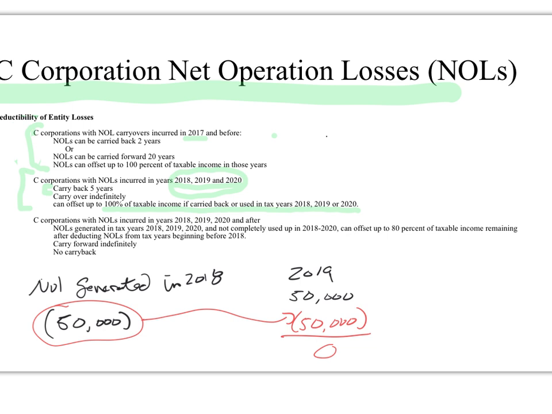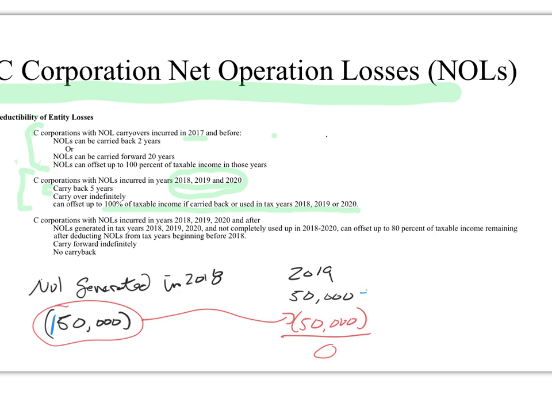All right? But let's say instead of having a net operating loss of $50,000 generated in 2018, let's say you generated $150,000 of net operating loss in 2018. And then in 2019, you had $50,000 of income, and so you can offset that 100%.